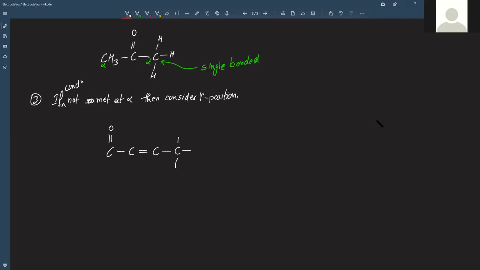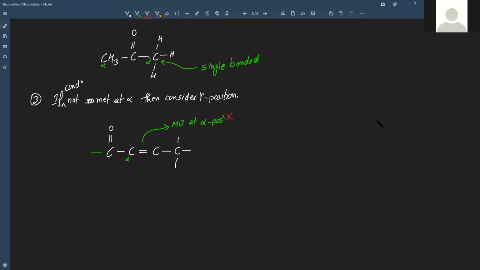Now see here, you have this C double bond O, so that makes this the alpha position. But at alpha position, we have a multiple bond. So that's why we will not consider this as the candidate for tautomerism.